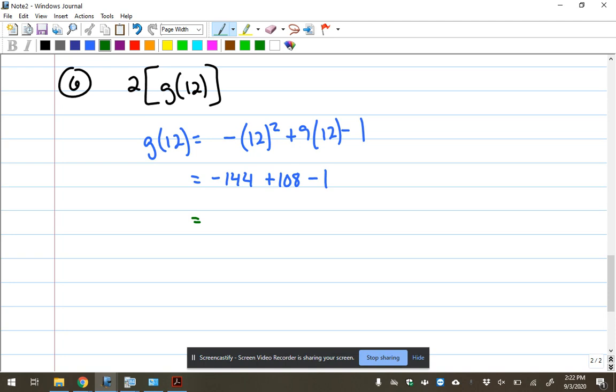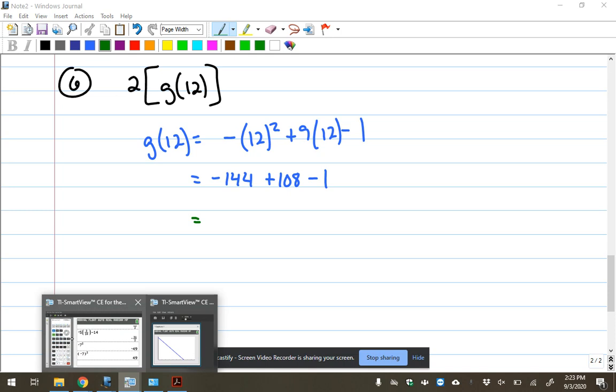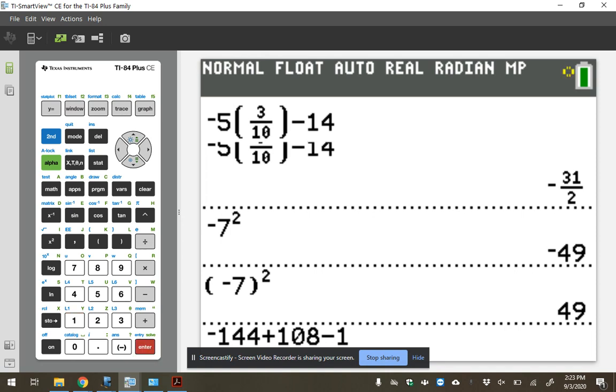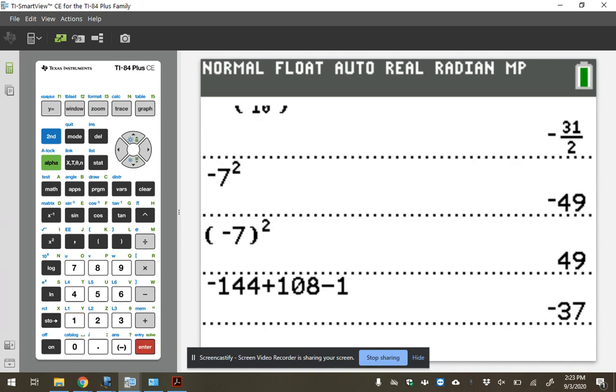Negative 145 plus 108. Negative 144 plus 108 minus 1. Good. Negative 37.